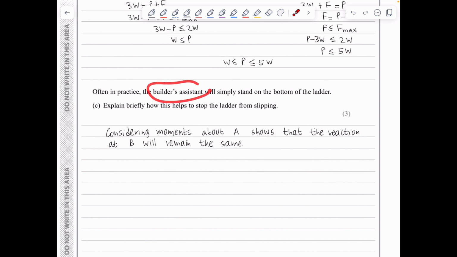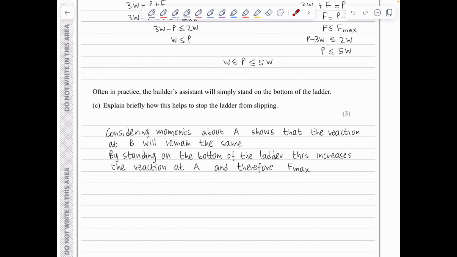By standing on the bottom of the ladder, this increases the reaction at A and therefore F max. So we are offering the maximum possible frictional force by standing on the bottom of the ladder.